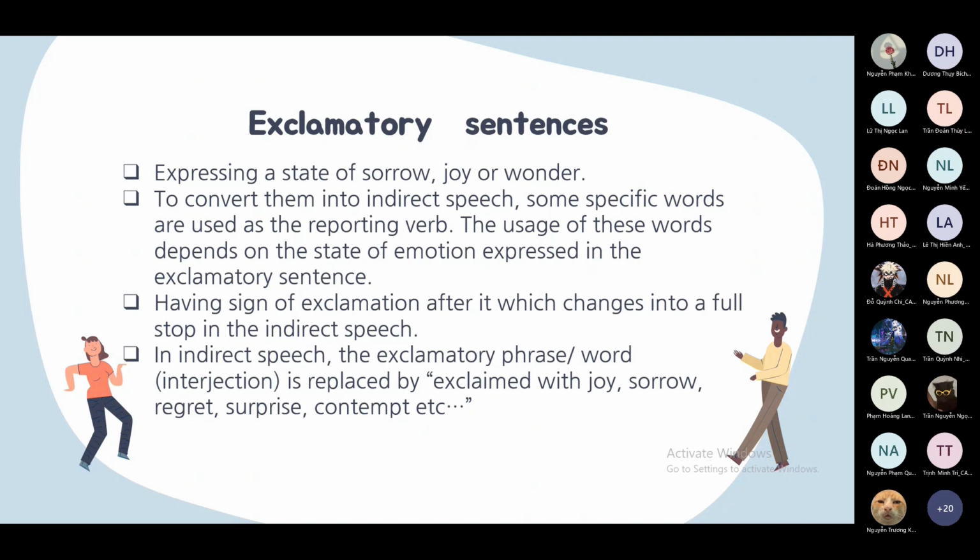An exclamatory sentence has a sign of exclamation after it, which changes into a full stop in the indirect speech. In indirect speech, the exclamatory phrase or interjection is replaced by "exclaimed with joy, sorrow, regret, surprise, contempt," etc.